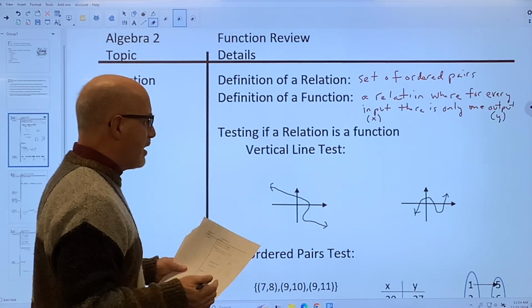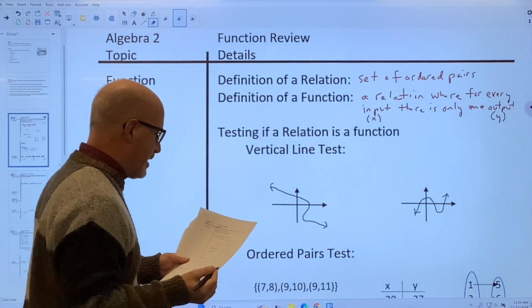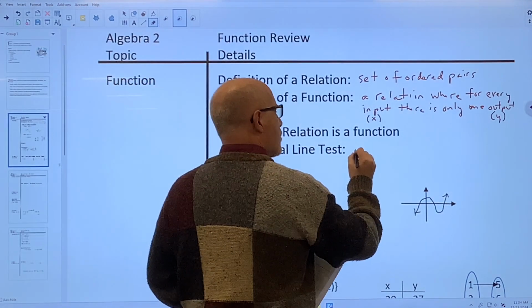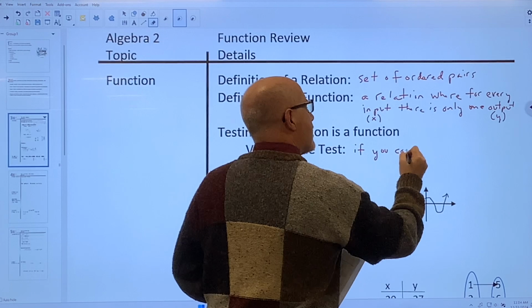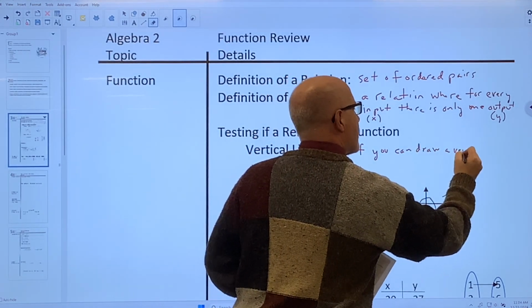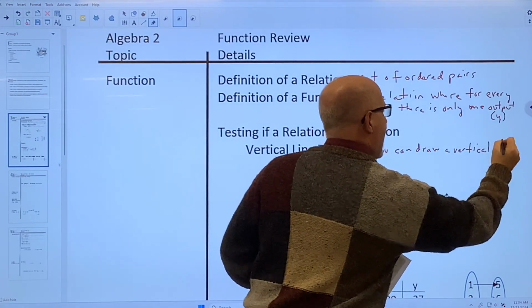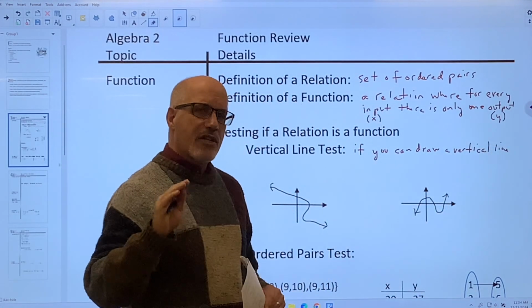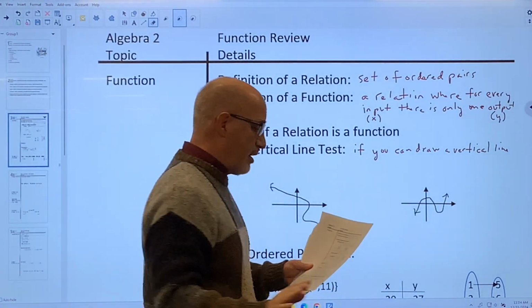The first thing we have used was with graphs, the vertical line test. If you can draw a vertical line and that vertical line hits the graph 2 or more times, it is not a function.